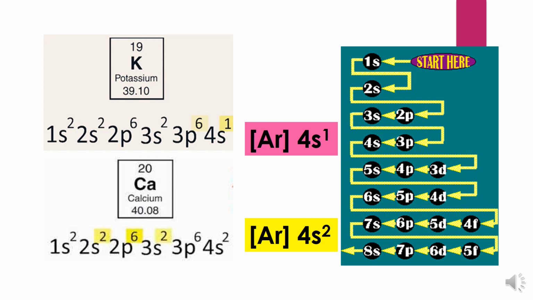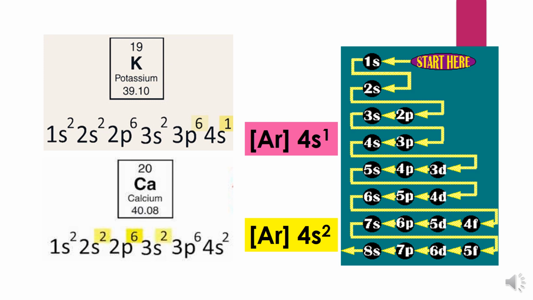Now for the 21st electron, can you tell me in which orbital the electron will be filled after 4s? Go through the diagram. After 4s, the arrow is pointing towards 3d. So the 21st electron enters a d subshell, and that we'll discuss in tomorrow's lecture.